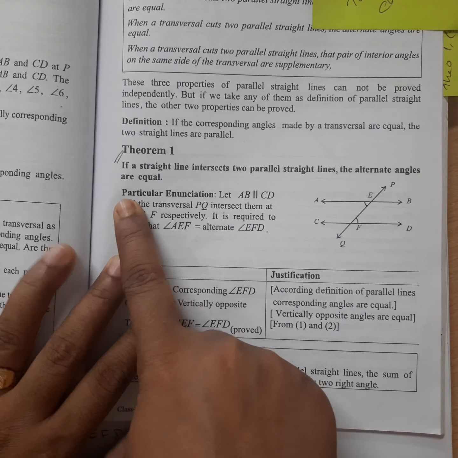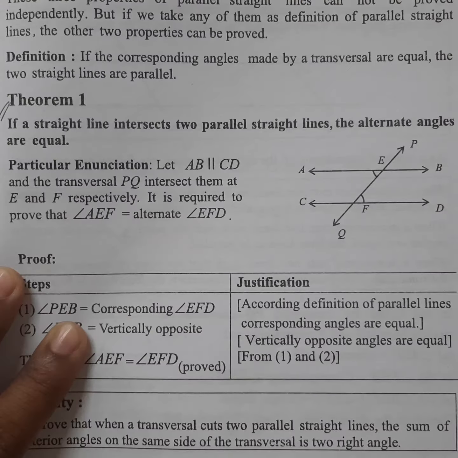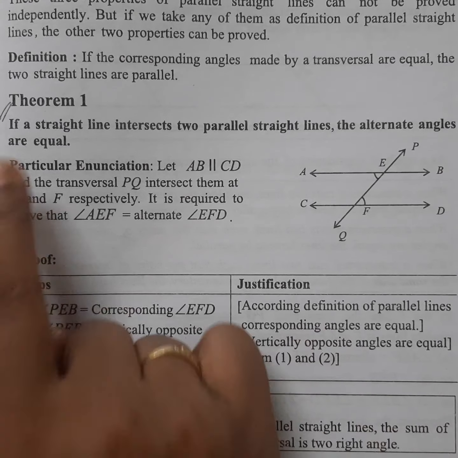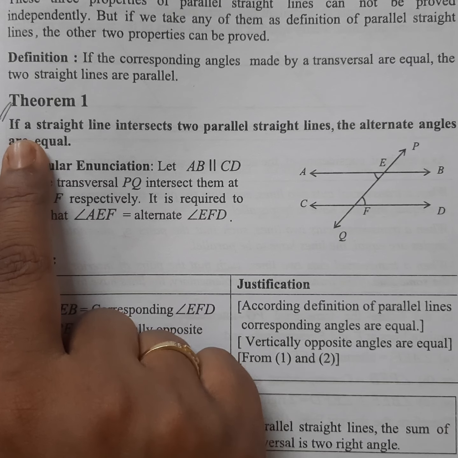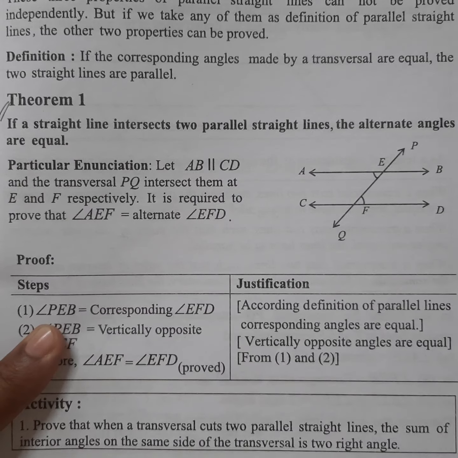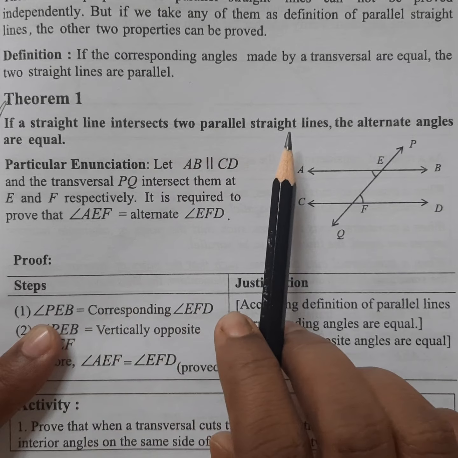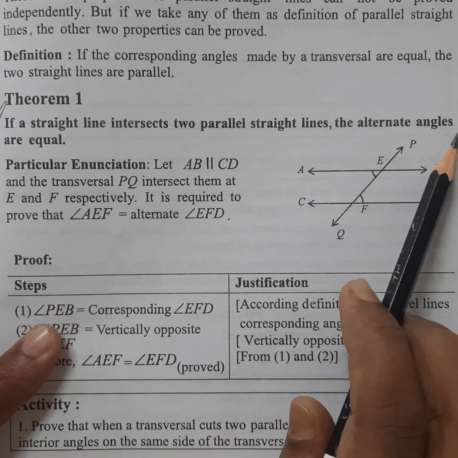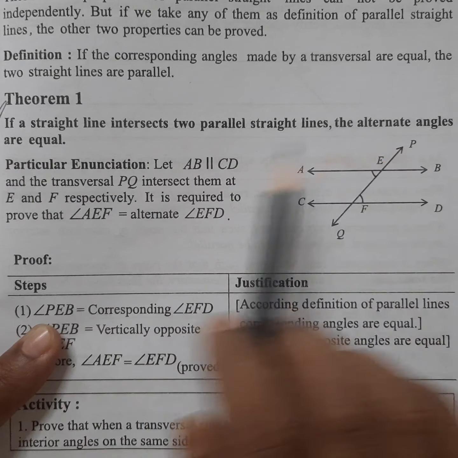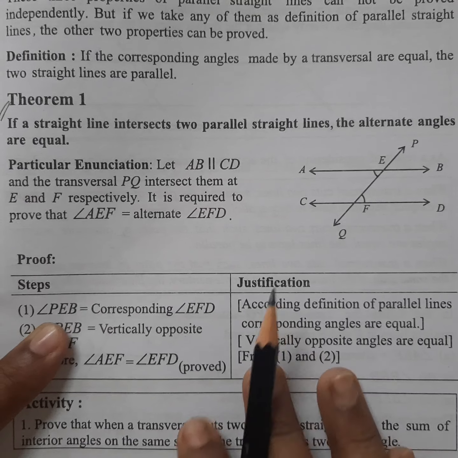Here, you can see the bold letters. That part is called the general enunciation. If a straight line intersects two parallel straight lines, then the alternate angles are equal. We have to prove what?